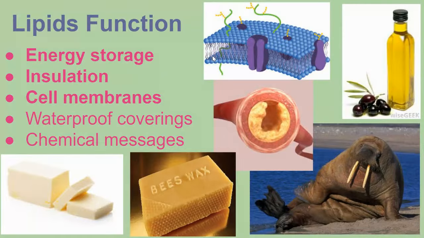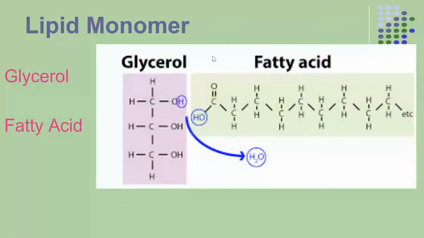Lipids also provide waterproof coverings, and then also chemical messages. We'll talk about that. That's kind of an interesting one, with steroids in your body. All right, so what makes up these lipids? They have a monomer, actually two monomers. They're called glycerol and fatty acids. So sometimes people say, if you eat too many lipids, you've got a lot of fatty acids.